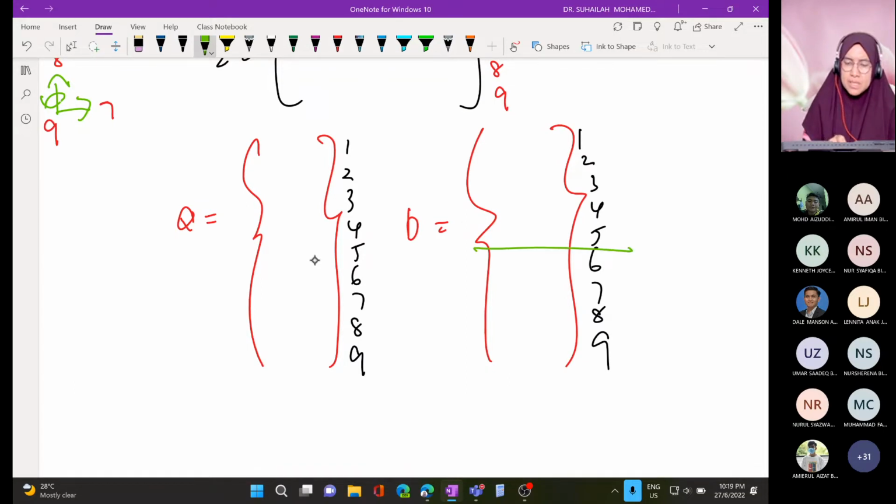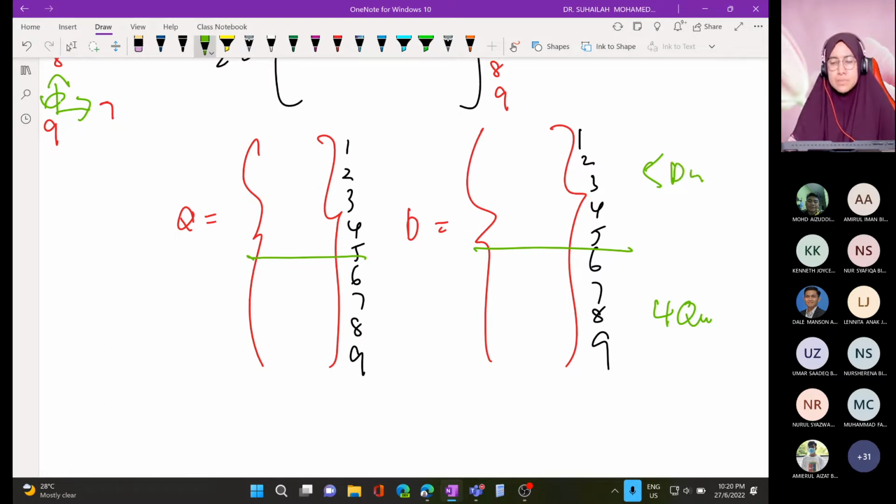This is the boundary. 4 unknown reaction. This is 4, this is 5. 5 unknown displacement. Okay, so there will be 0, 0, 0, 0. D1, D2, D3, D4, D5.